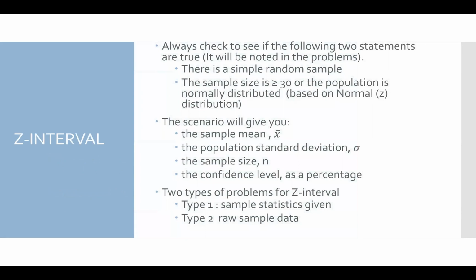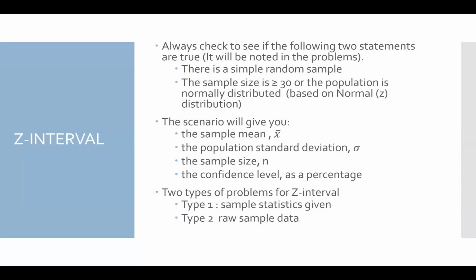Okay, so the Z interval, you want to think about some conditions and look at the information that you're given. The conditions for using a Z interval, or really to do any confidence interval, is that you are using a simple random sample, which basically means every item in the population had the opportunity to be selected.